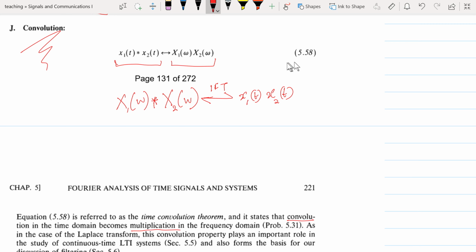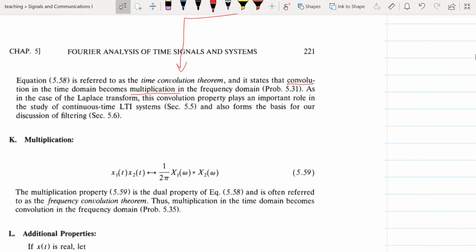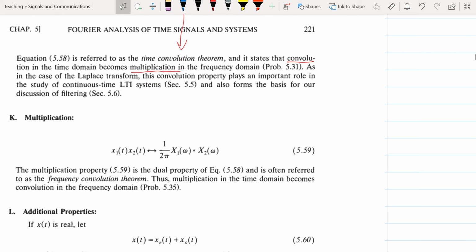So we refer to the statement defined by equation 558 as the time convolution theorem, and this property we refer to as the frequency convolution theorem, and that takes us to the one that is defined at this point.